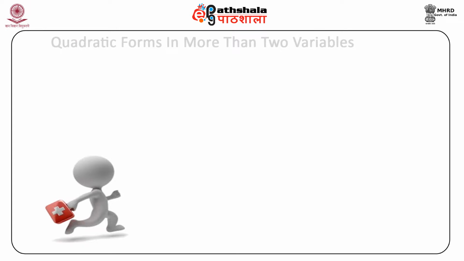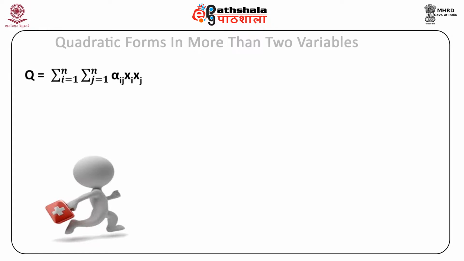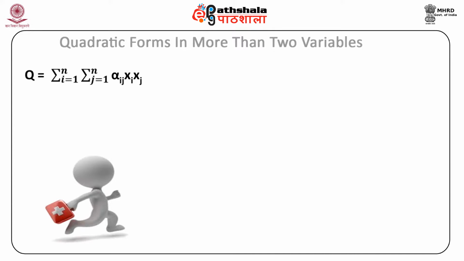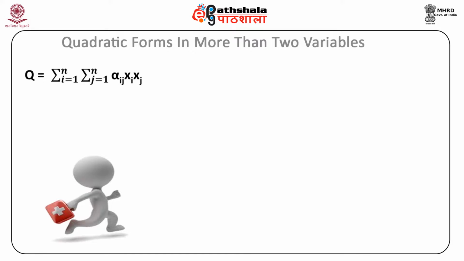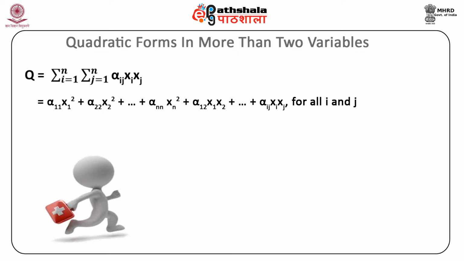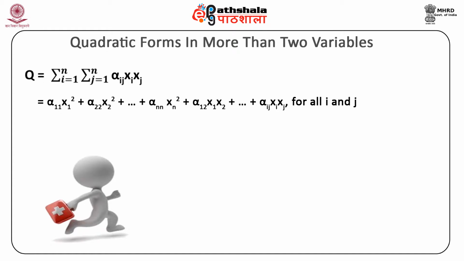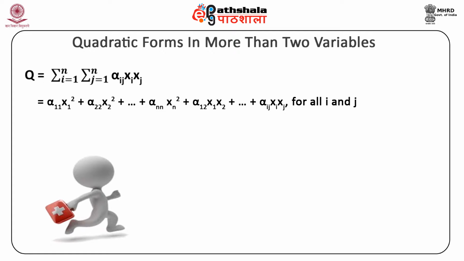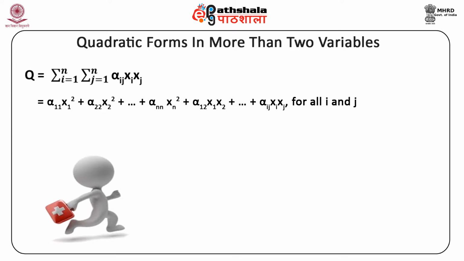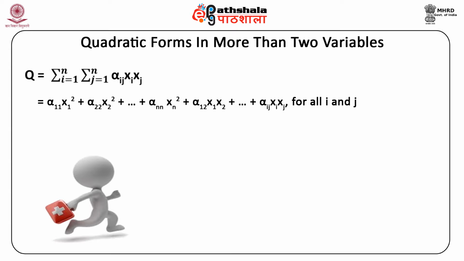A quadratic form in n variables is a function of the form Q is equal to the summation over i from 1 to n, summation over j from 1 to n, of a_ij x_i x_j, which is equal to a_11 x_1 squared plus a_22 x_2 squared and so on, plus a_nn x_n squared, plus a_12 x_1 x_2, and so on, a_ij x_i x_j for all i and j.